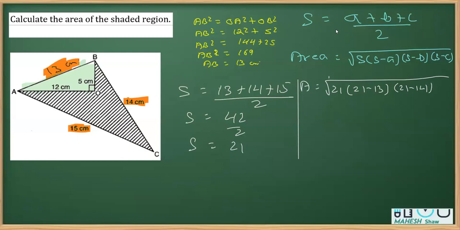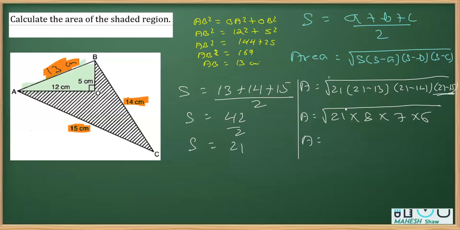S minus C, which is 21 minus 15. Now reducing it, 21 minus 13 will give you 8, and then 21 minus 14 will give you 7, and 21 minus 15 will give you 6.